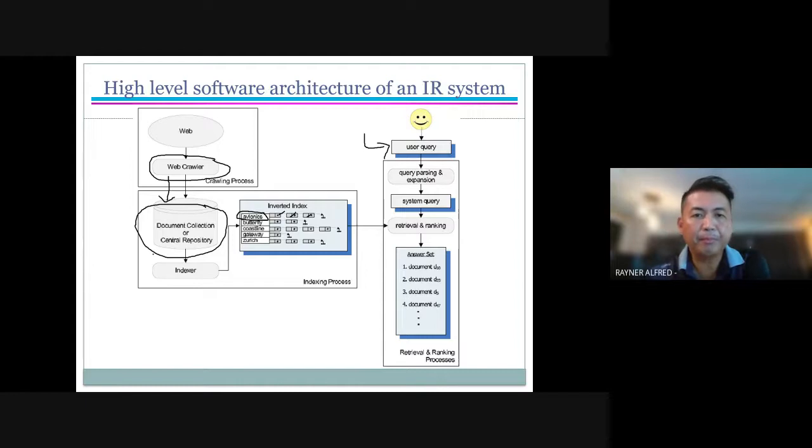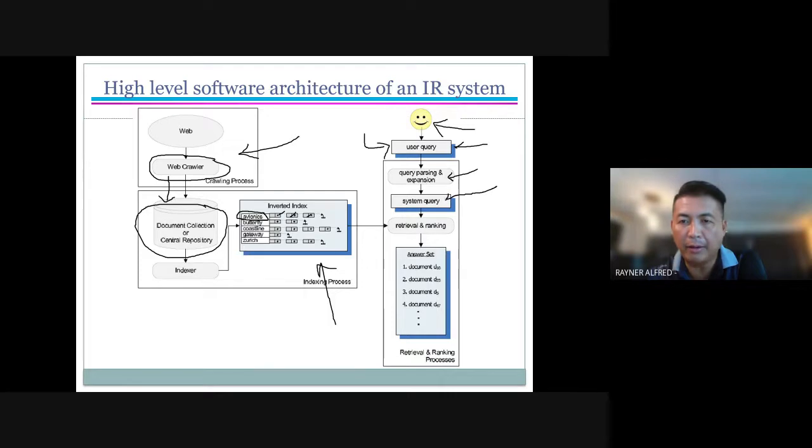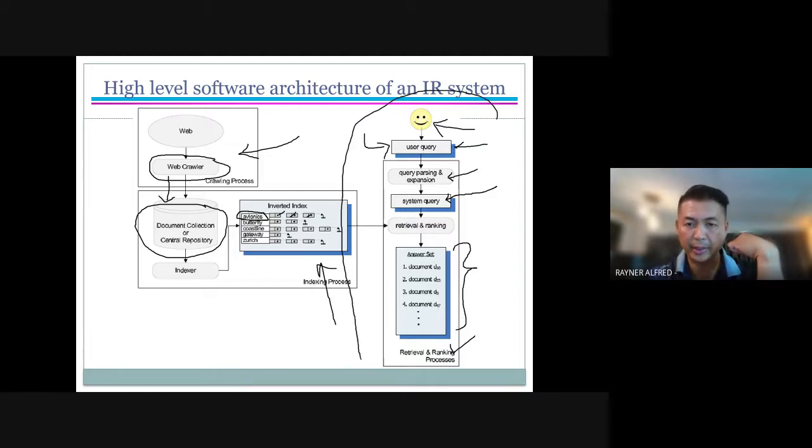So this is the crawling process, this is the indexing process, and this is you and me. We type in our query, we can expand the query, and then we can retrieve the document, and then we can perform the ranking here. So this is what we call the retrieval and ranking process. Okay, so in this course, kita akan fokus on this only.